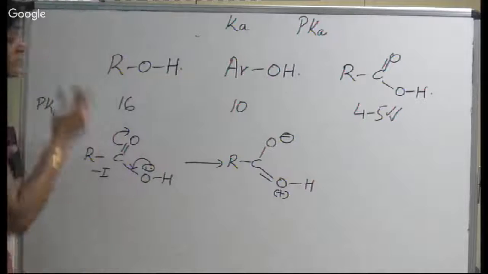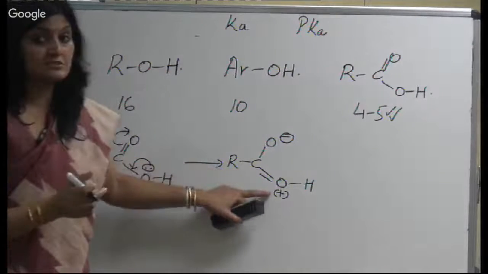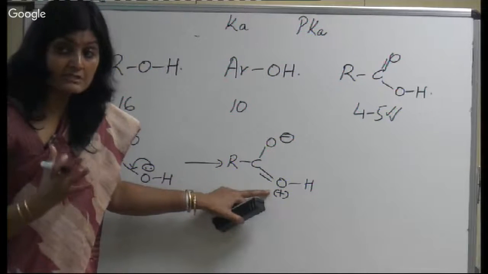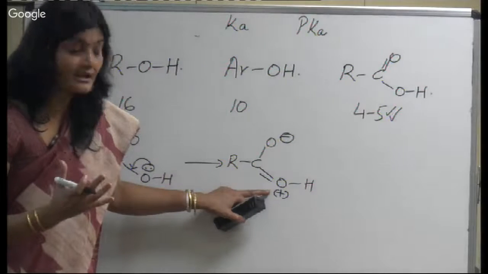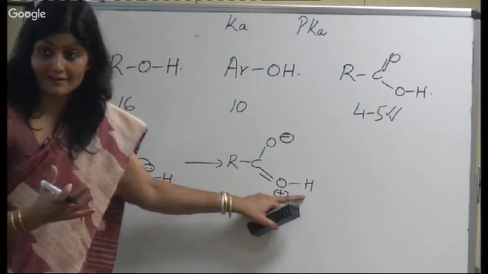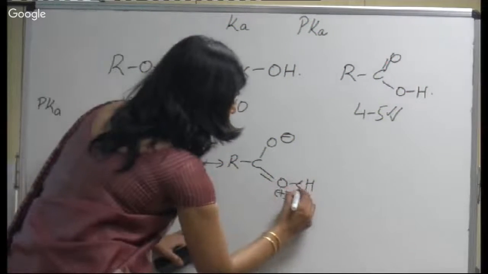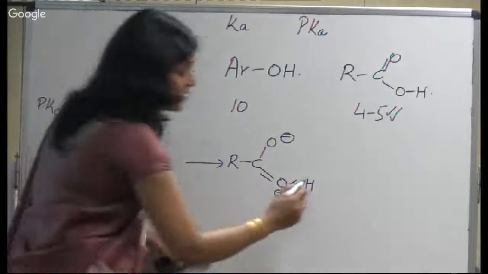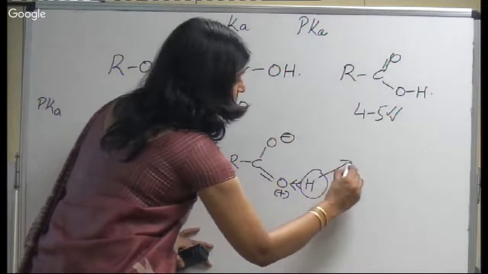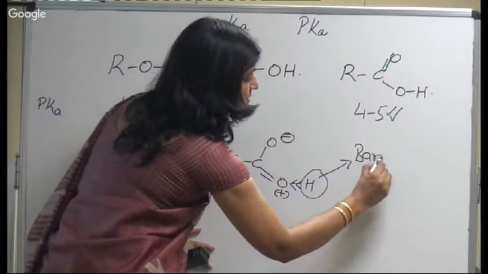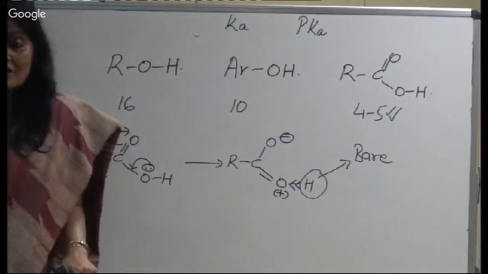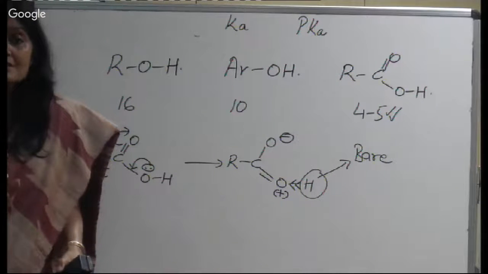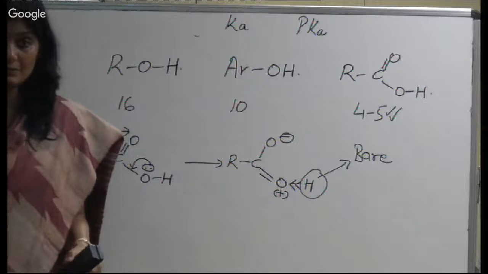And because of resonance, this oxygen is acquiring a positive charge. And this positively charged oxygen, being a highly electronegative element, will withdraw electrons from this OH bond. Okay? Because it is withdrawing electrons from this OH bond, this hydrogen becomes bare. That means it can be easily lost. So that is the first reason for the acidity of carboxylic acids.